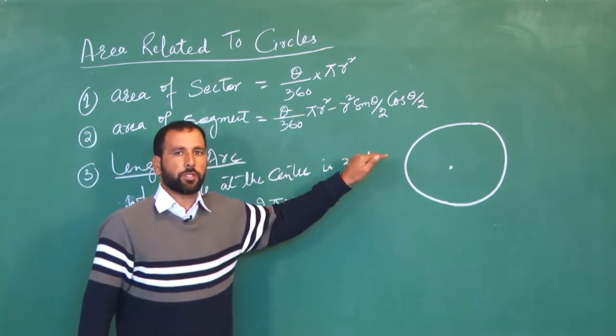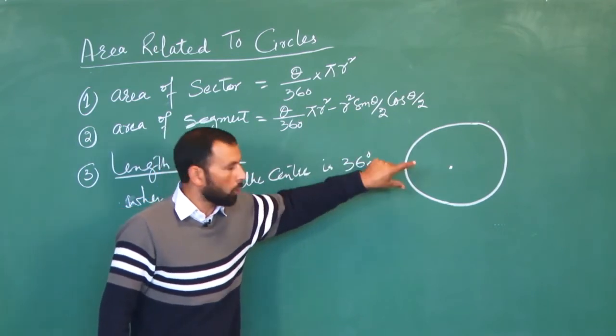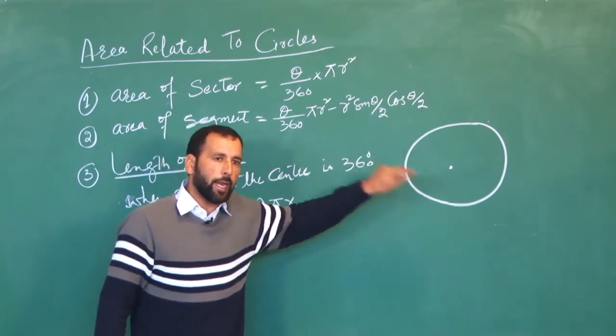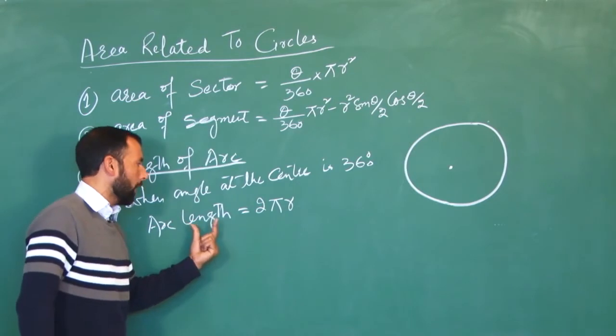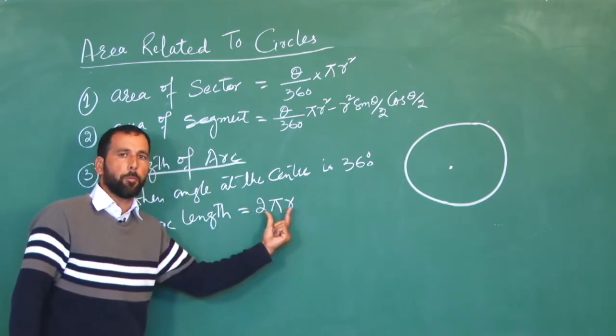When the angle is 360 degrees, the figure so obtained is said to be a circle. So the arc length equals 2 pi r.